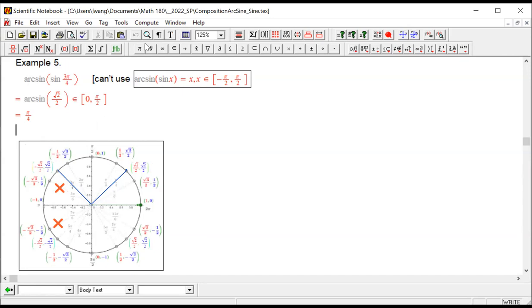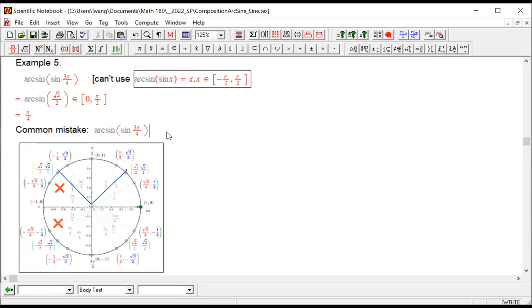Common mistake: some people give the answer of pi over 4, and other students also give me the answer of 3 pi over 4.